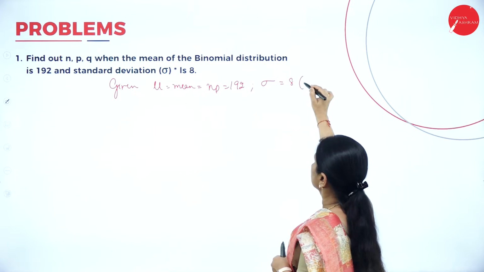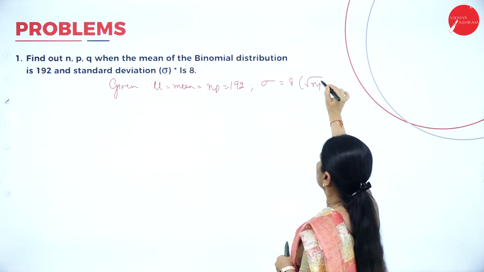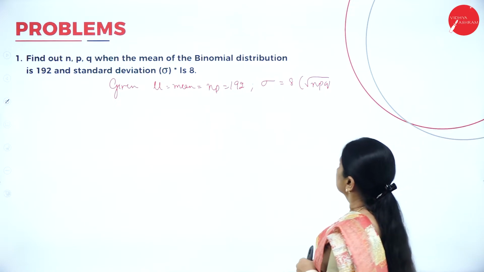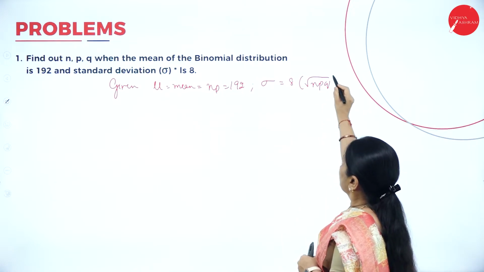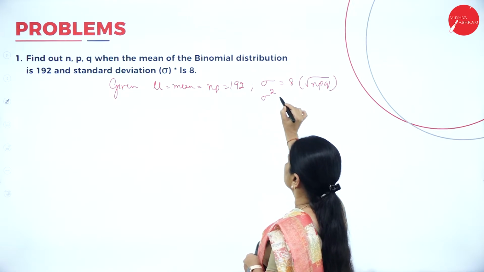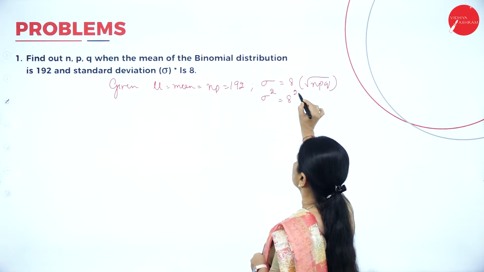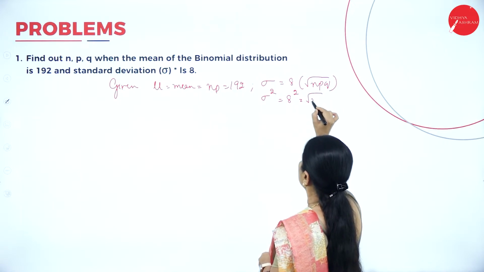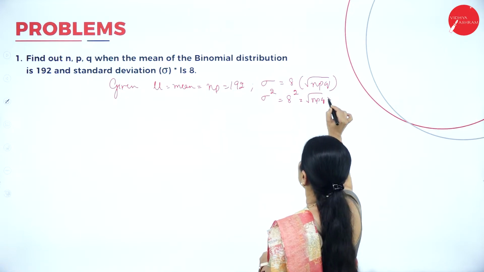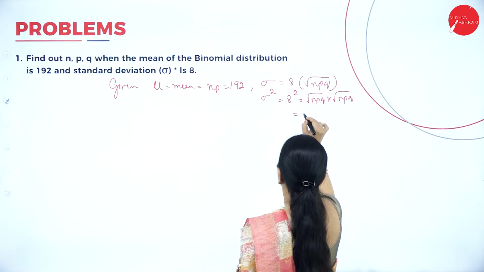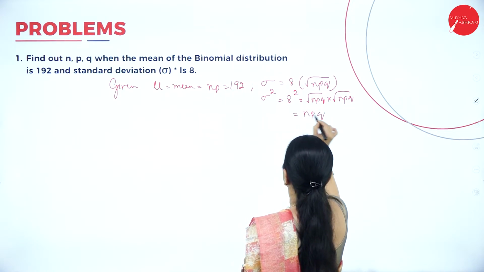So root of npq equals 8. The standard deviation the whole square will be 8 square, that is root of npq into root of npq, which equals npq.